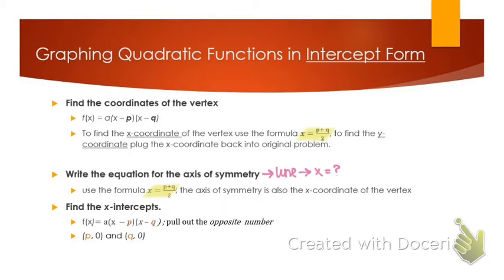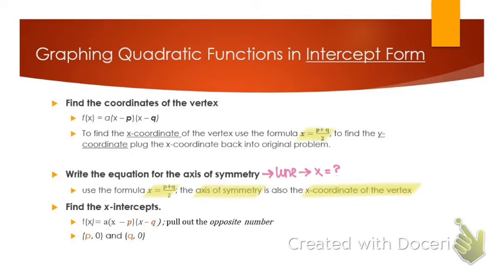Okay, you use the formula x equals p plus q divided by 2. And then it says the axis of symmetry is also the x coordinate of the vertex. So let's highlight that too. Let's highlight axis of symmetry, x coordinate of the vertex.